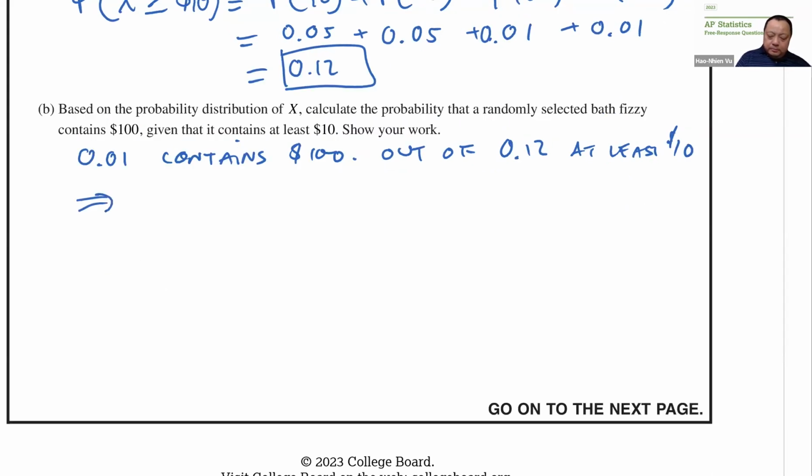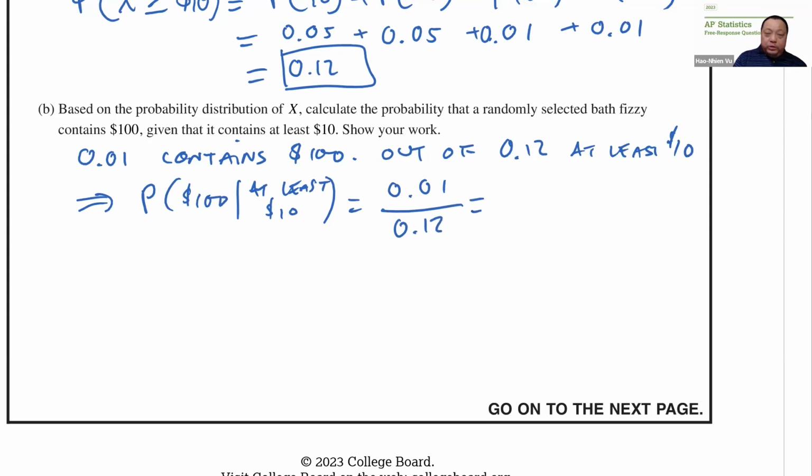Therefore, the probability of having $100, given that we're getting at least $10, is 0.01 divided by 0.12, which is the same as 1 divided by 12, which is 0.0833 repeating. So we round to 0.083.